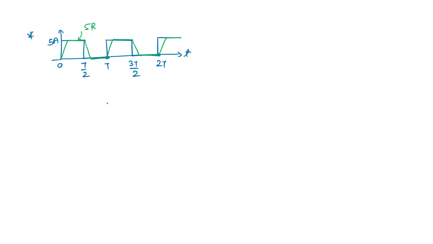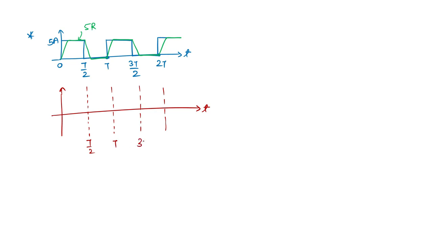That thing we have already seen. For one time we have seen till T naught, but here we will see it for all different time stamps of the periods, like this is T by 2, T, 3T by 2, and 2T.